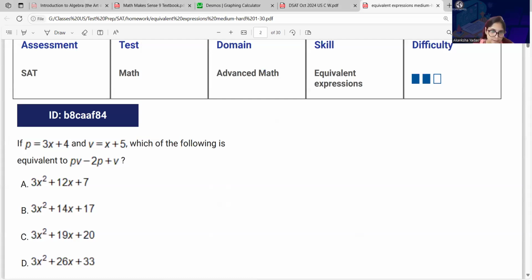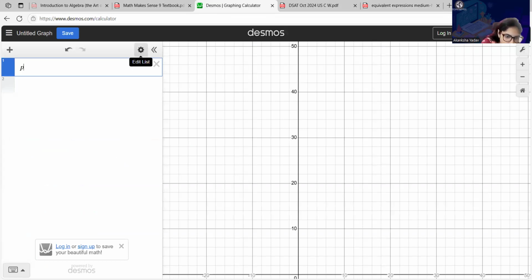Now questions like these. P is equal to 3x plus 4, V is equal to x plus 5, PV minus 2P plus V you have to identify. And there are several options given to you. So you write P is equal to 3x plus 4. You are getting a graph because again there's one variable. V is equal to x plus 5.